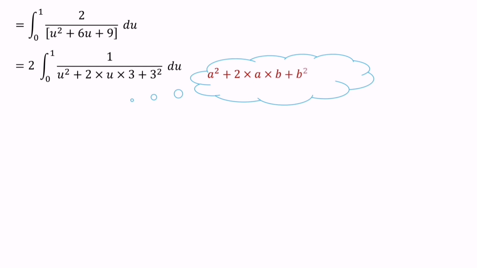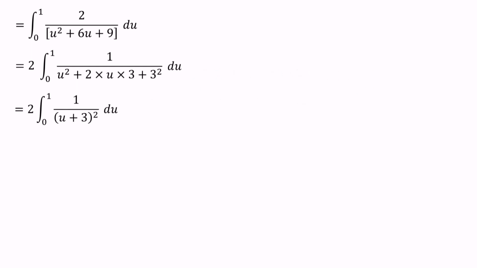A squared plus 2ab plus b squared equals a plus b perfect squared. So in here u squared plus 2 times u times 3 plus 3 squared value we can write as u plus 3 perfect squared. We can write the denominator value u plus 3 perfect squared as u plus 3 to the power of minus 2 in the numerator.